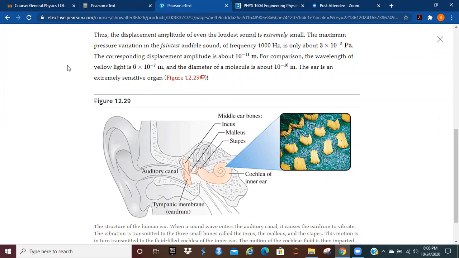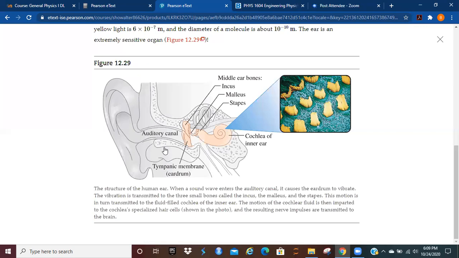For comparison, the wavelength of yellow light is about this, and the diameter of a molecule is about this. So the ear is an extremely sensitive organ. If you take a look at the human ear, you've got the auditory canal, and you've got the tympanic membrane. Remember, no sharp objects here. Then that leads into the middle ear bones, and then you've got the cochlea.